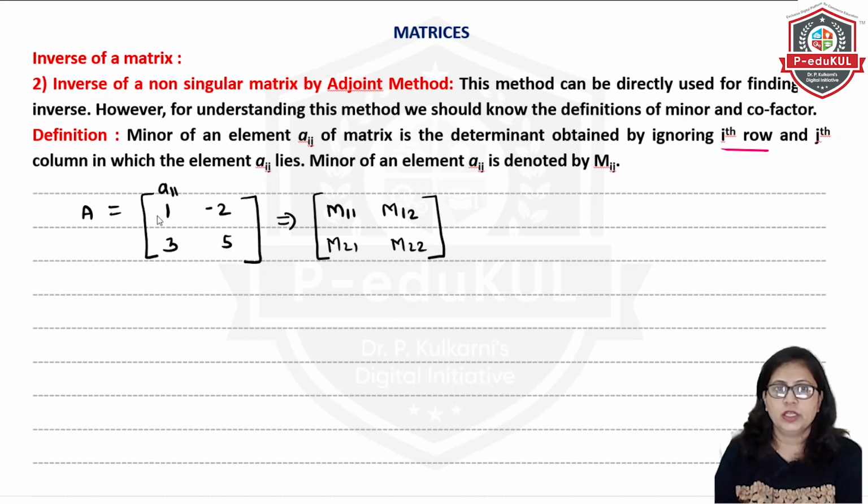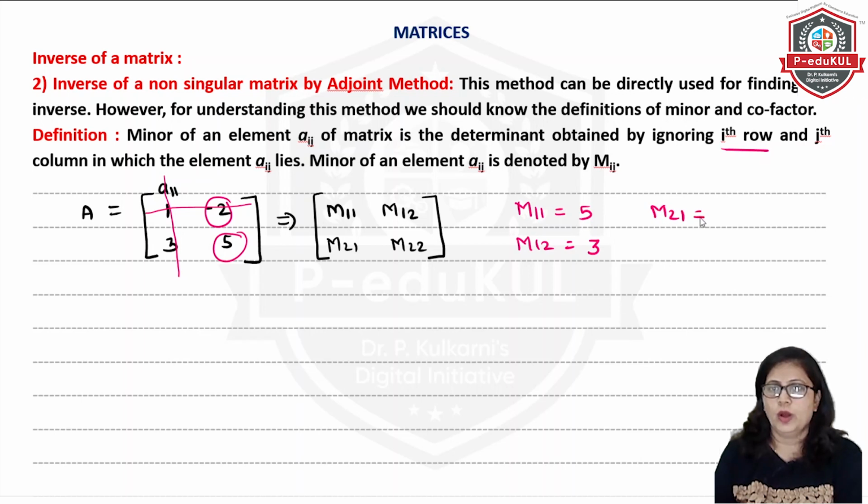Ith row means in which row this element lies, and jth column means in which column it lies. And then what is the minor over here? That element. So now for 1 the minor will be 5. Now for 2, that is M12, for this element we are ignoring this row and this column. So my minor will be 3 over here.